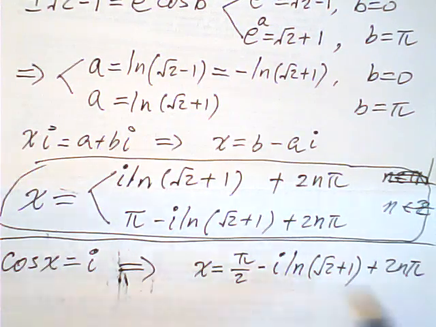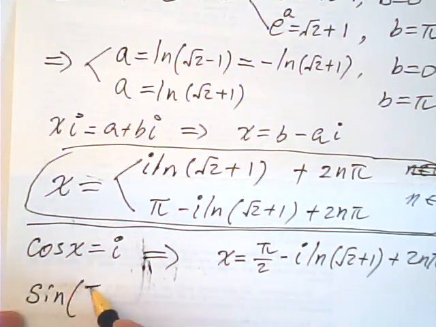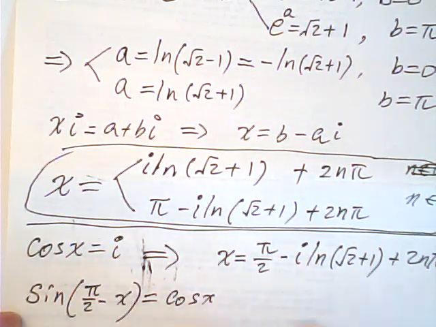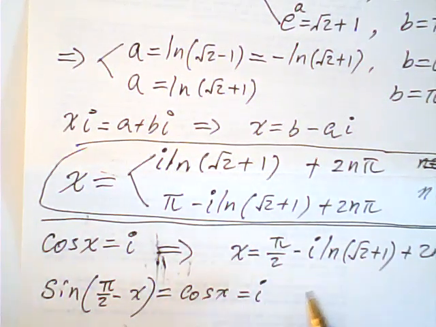You can see that solution in detail. So the second method is that I'm using this given result. I can find sine x equal to i by using that sine of half pi minus x is equal to cosine x, isn't it? If this is equal to i, then I just take this result away from half pi, right?